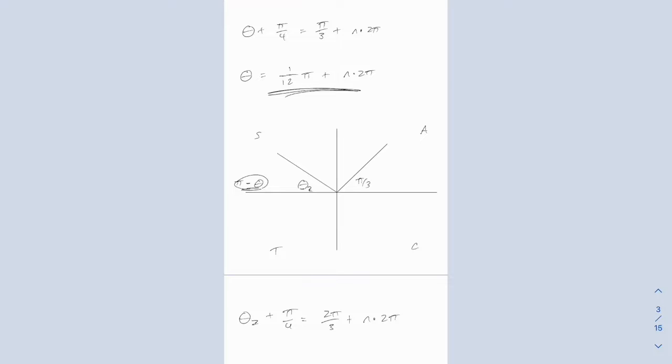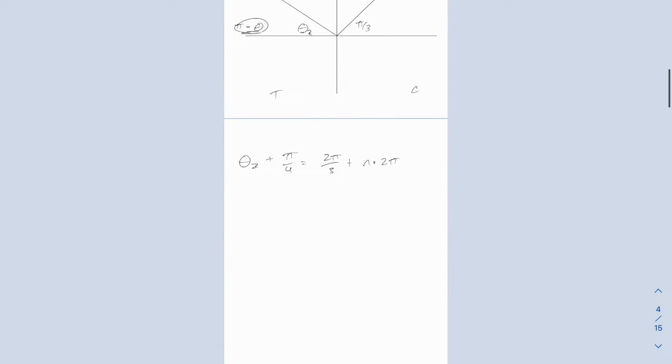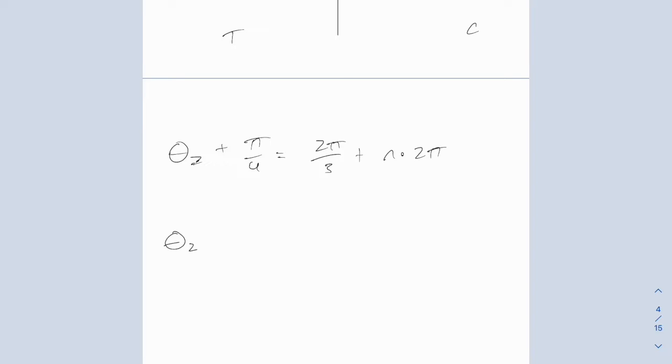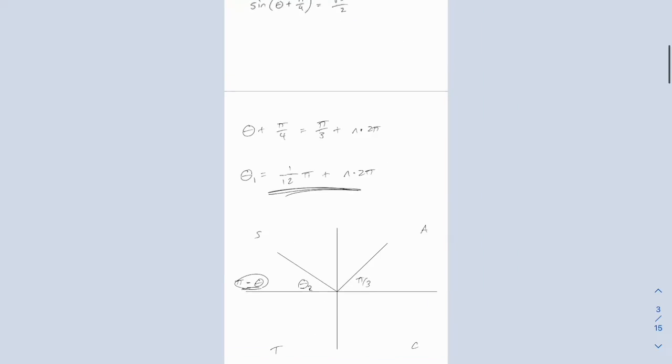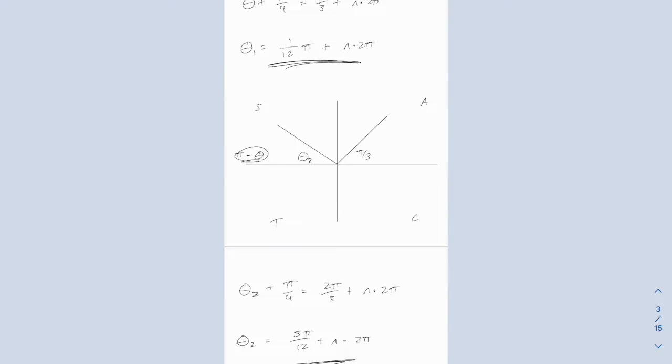Okay, great. So theta 2 is then going to equal 2 pi over 3 minus pi over 4, so theta 2 is going to equal 5 pi over 12 plus n times 2 pi. So as you can see, we now have two solutions for this equation.